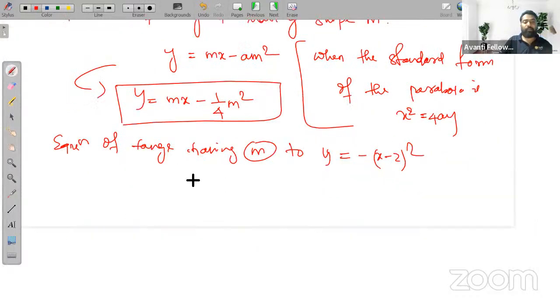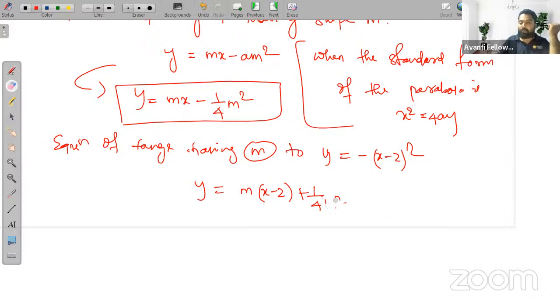It will be y is equal to mx plus 1 by 4 m square. Sorry, in place of x we need to write x minus 2. So that is m into x minus 2 plus 1 by 4 m square. Is that right or not? Yes or no?